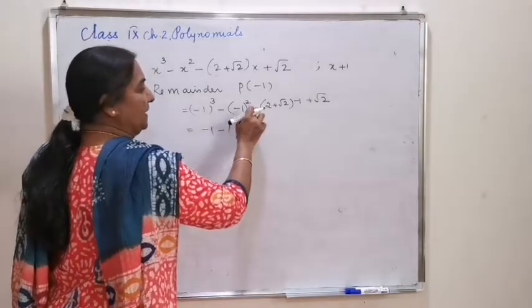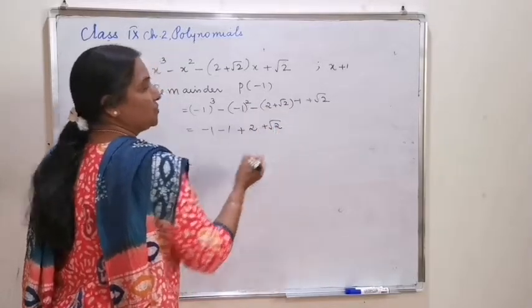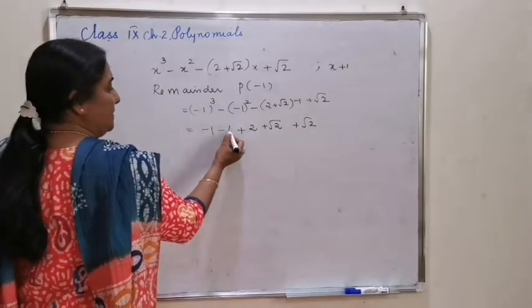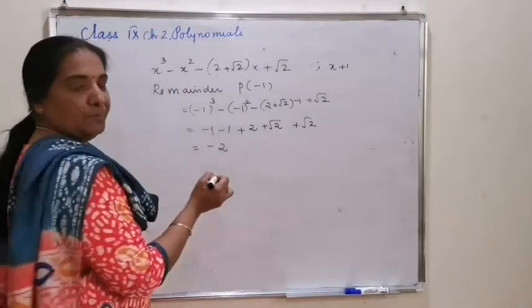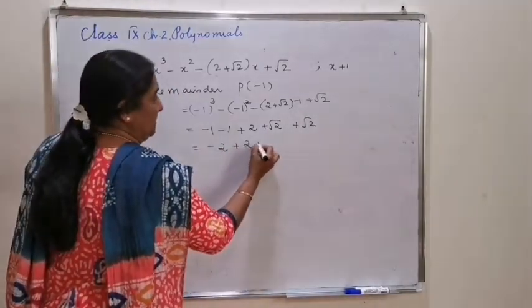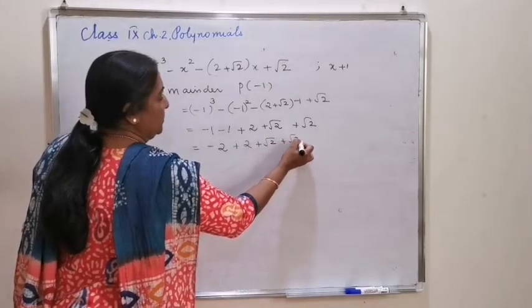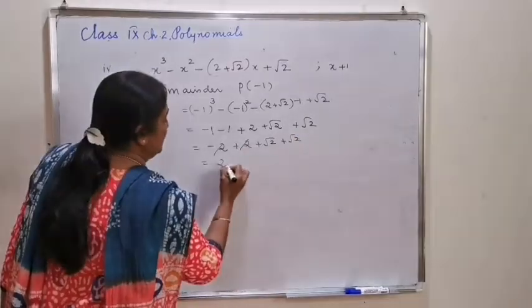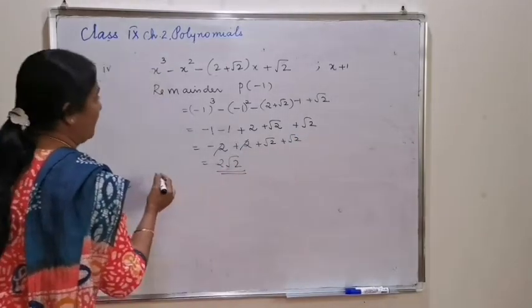Minus root 2, and along with this negative it will become plus square root 2, plus square root 2. Minus 1 is minus 2 plus 2 plus square root 2 plus square root 2, which shows that square root 2 plus square root 2 is 2 root 2.